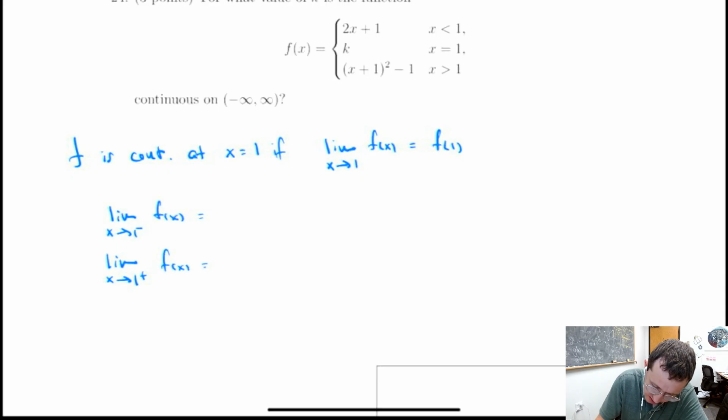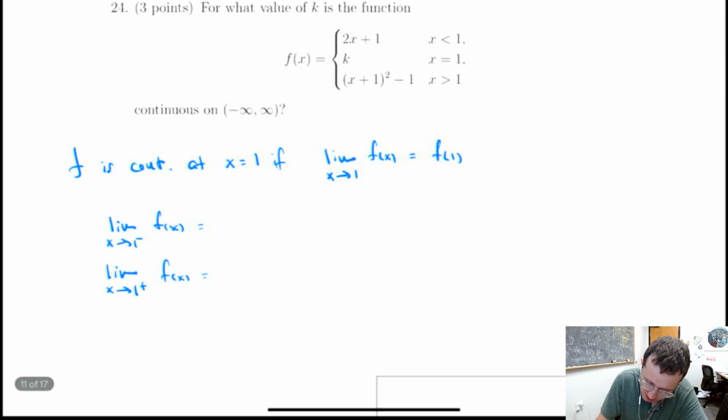The one-sided limit as we approach 1 from the left is, well, since I'm only looking at values of x less than 1, in that region, f of x is equal to 2x plus 1.